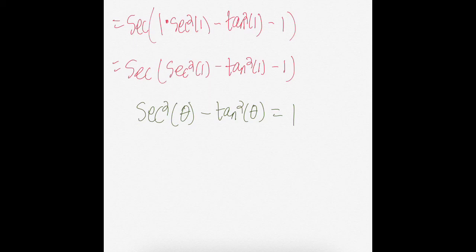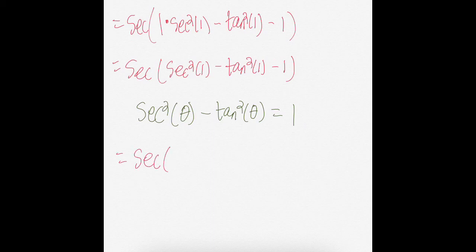This is kind of like the Kevin Jonas of the trig identities. Everybody knows and loves sine squared plus cosine squared equals 1, but secant squared minus tangent squared kind of gets forgotten about. But he's still important.